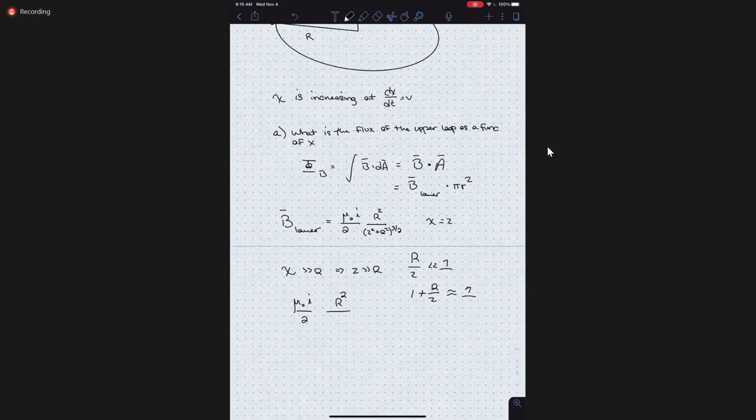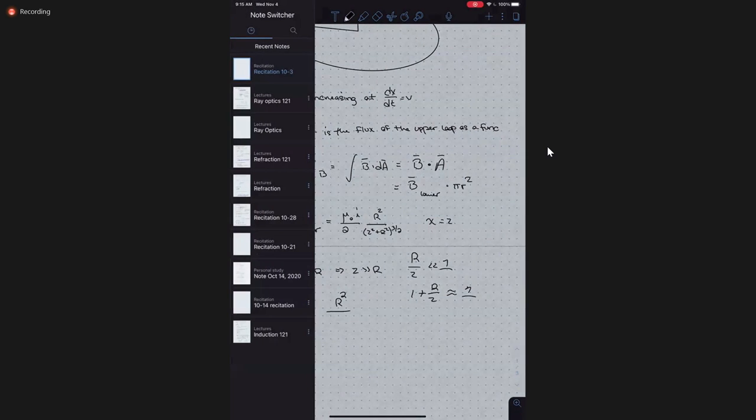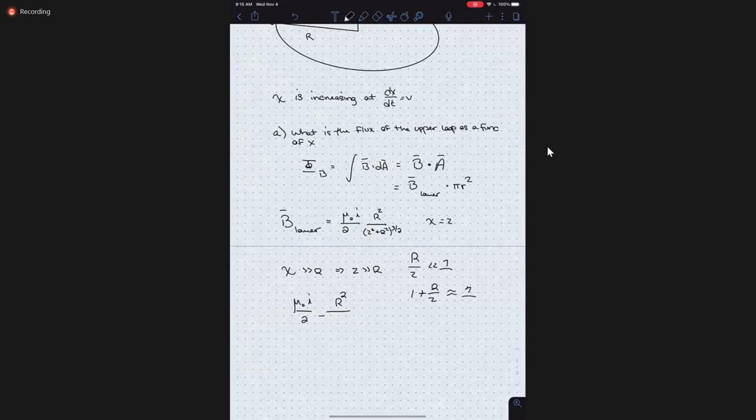That's how you properly do these types of approximations in physics problems. So I have z squared times 1 plus r squared over z squared. So this is definitely the case for sure. If r over z is much less than 1, then r squared over z squared is definitely much less than 1, to the 3 halves.